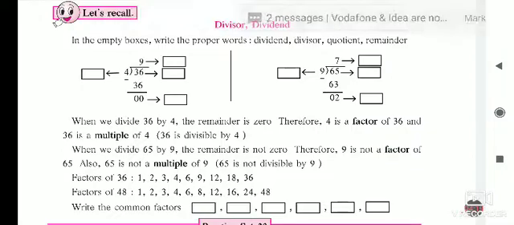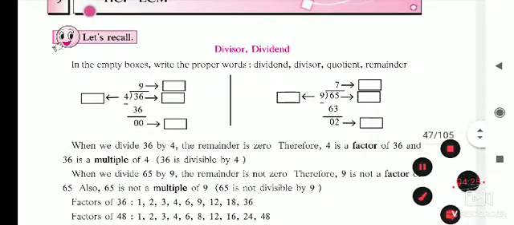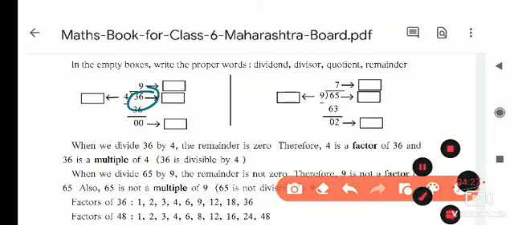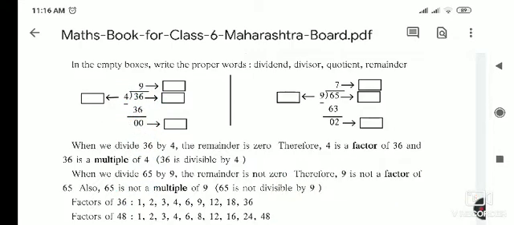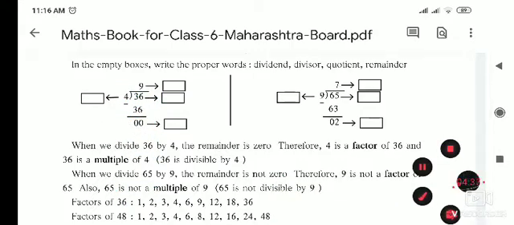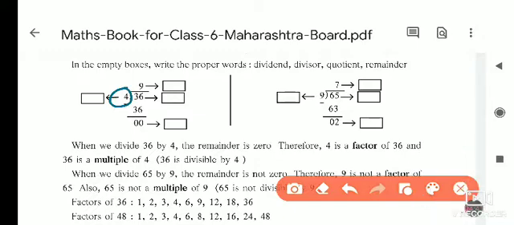So here in this question, when we divide 36 by 4, the remainder is 0, and therefore 4 is a factor of 36.